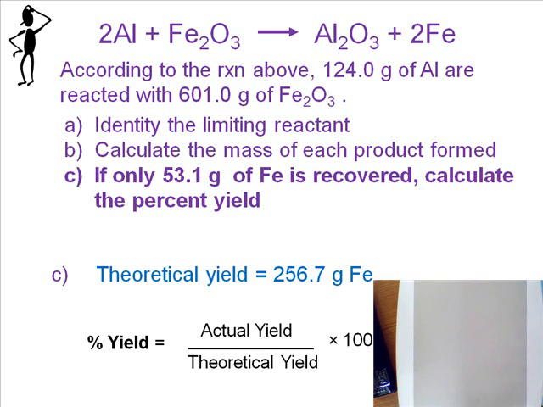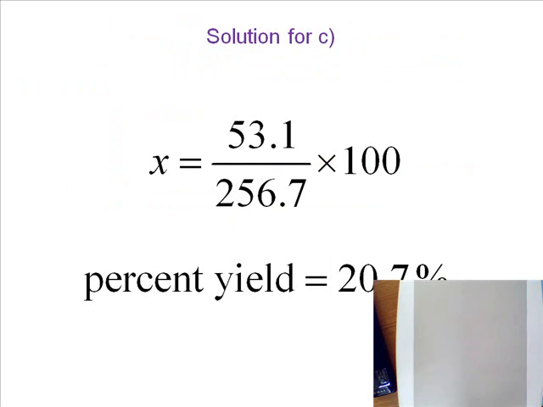We ran the stoichiometry, the daisy chain or train tracks for the reaction that is given, and we got a calculated result of 256.7. However, I actually only get 53.1. So the question is, what's the percentage yield? 20.7%. Now what that means is this reaction is not very successful. It only produces 20.7% of what should have been produced. And why that is, is based upon a unit that's coming up.